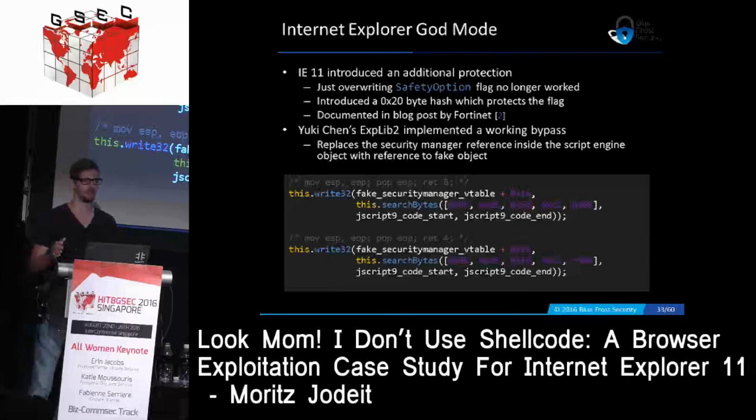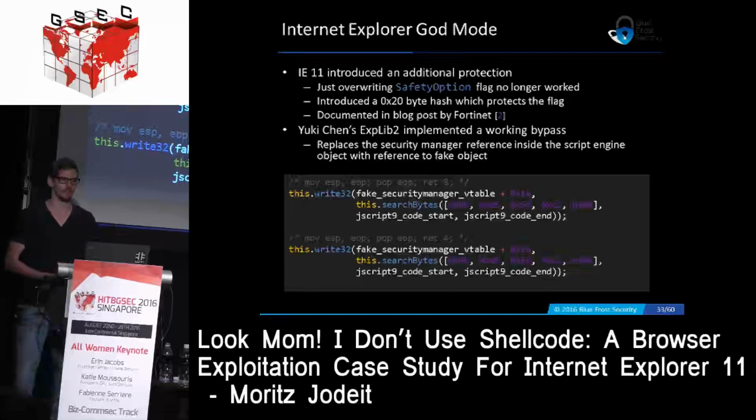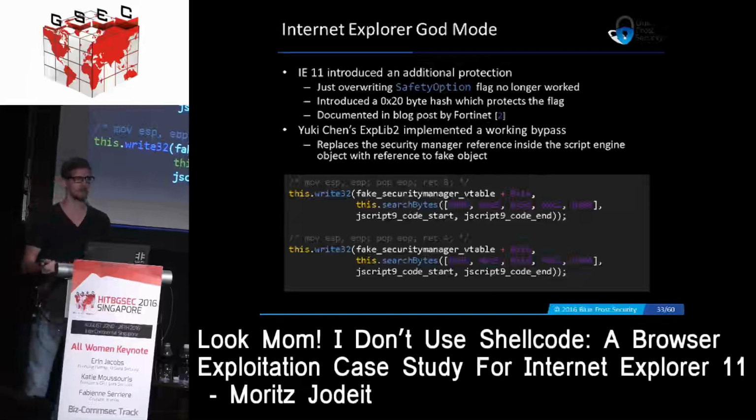So he's basically building a complete new security manager object in memory, and overwriting the reference to it in the script engine object. And then in the vtable of this fake object, he's replacing two function pointers with dynamically generated ROP gadgets, as you can see on the bottom here.